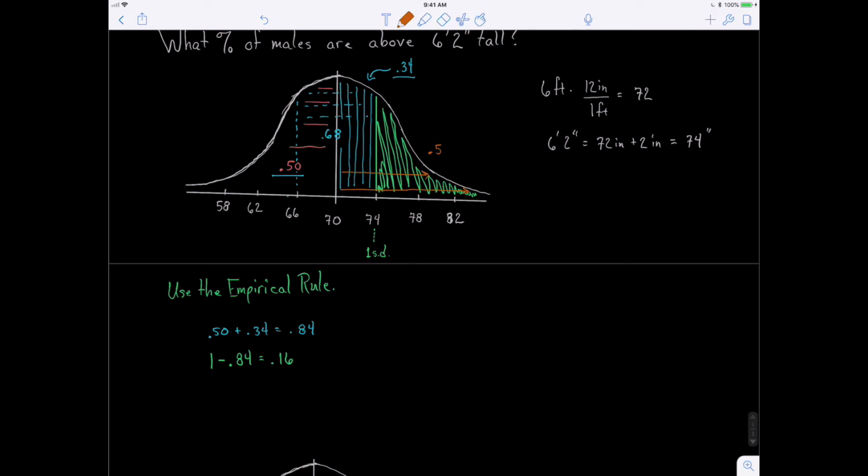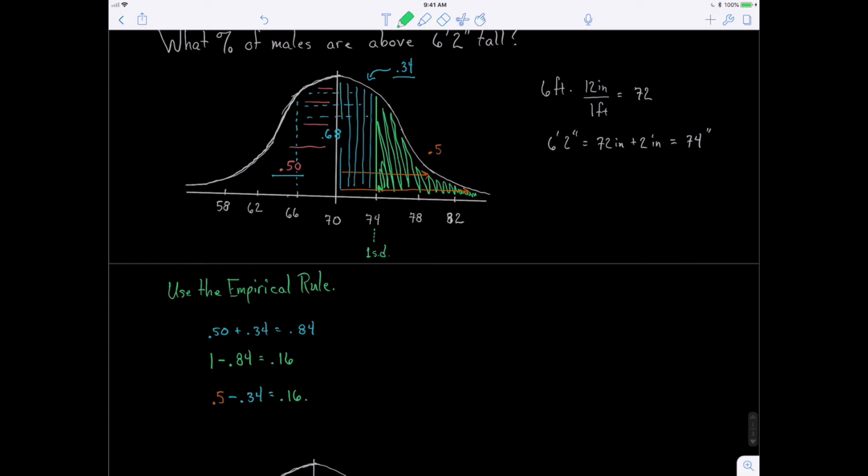So then another way is I could say, if I shade the entire right half, that's 0.5. And then if I subtract the piece that I don't want, the 0.34, well, then that would give me my green region, which is, again, 0.16. So there's 2 different approaches to that.